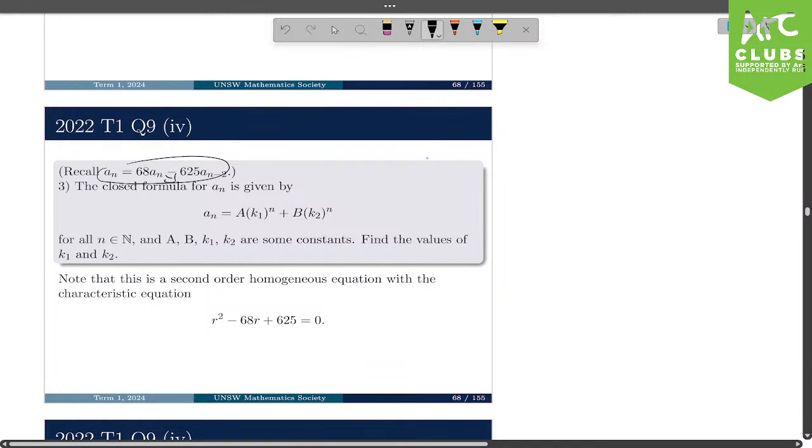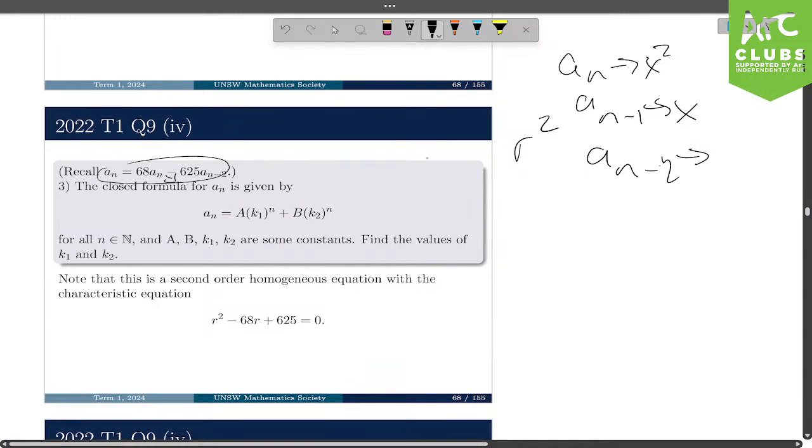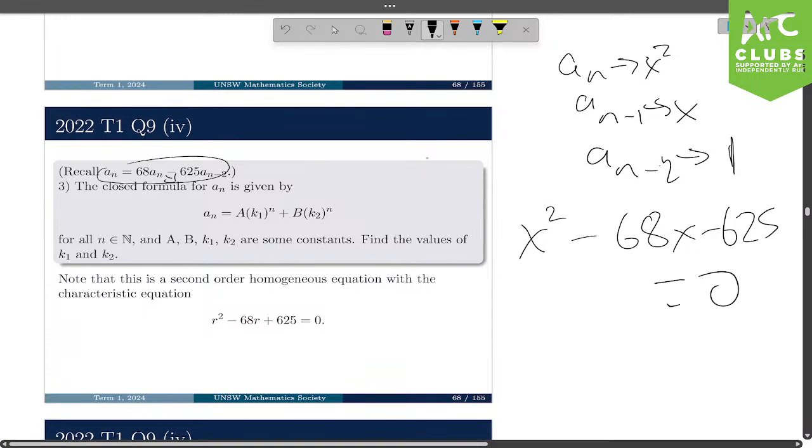The an term is x squared, the an minus 1 term is x, the an minus 2 term is a constant, so 1, basically. And so if you rearrange that, you get x squared minus 68x minus 625 equal to 0. So that's a characteristic polynomial.